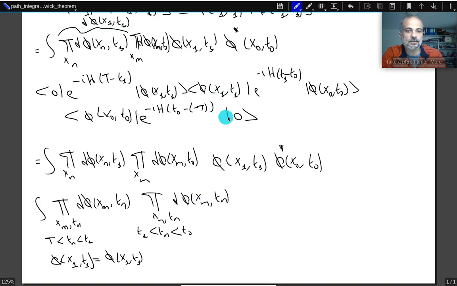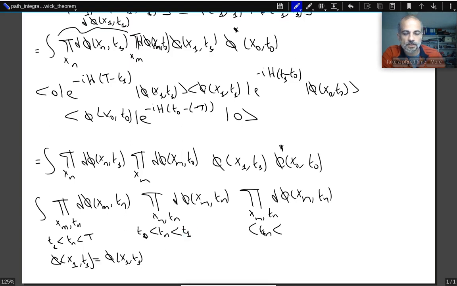And finally I have this third one. In the third one I still have a similar measure, but this time tn is between, here t1 is the smaller one, sorry, from t1 up to T. Here we have from t0 up to t1, and here in this measure we start from minus T up to t0.